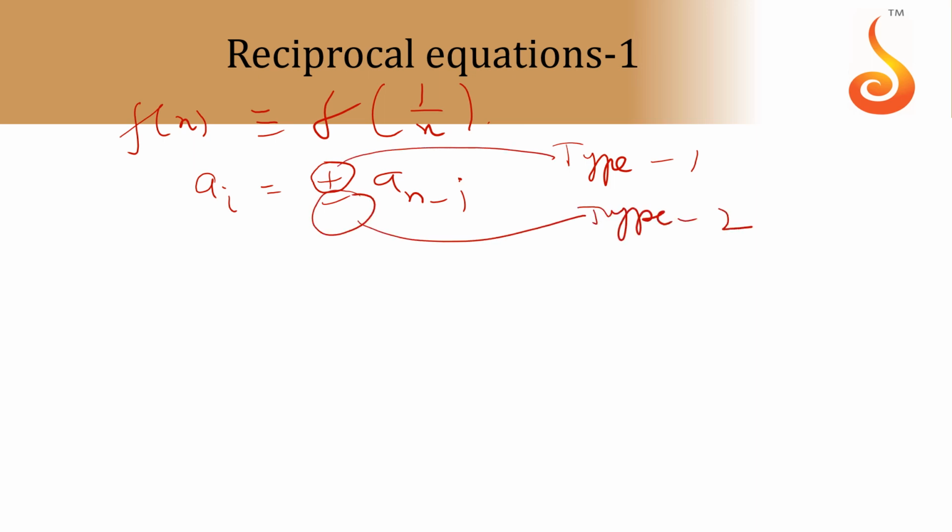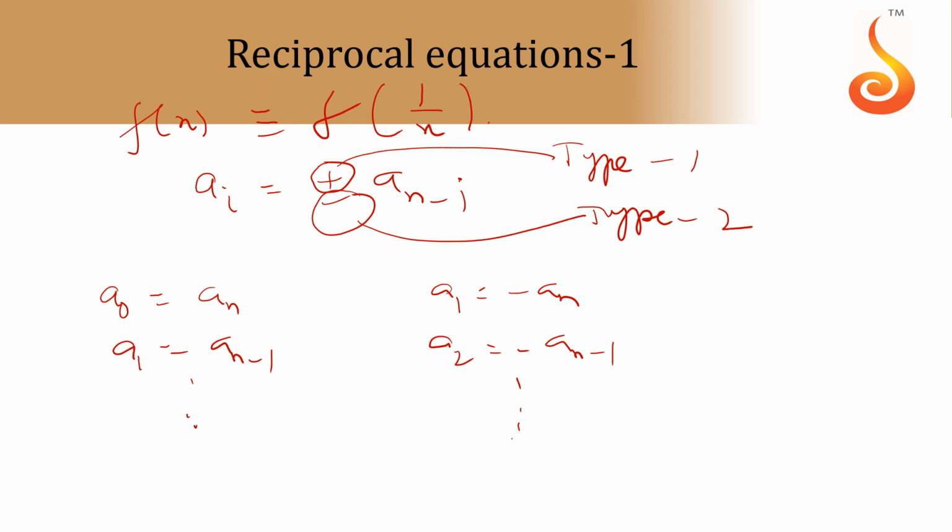So for type 1, a naught equal to a_n, a1 equal to a_(n minus 1), like that. For type 2, a naught equal to minus a_n, a1 equal to minus a_(n minus 1), like that.